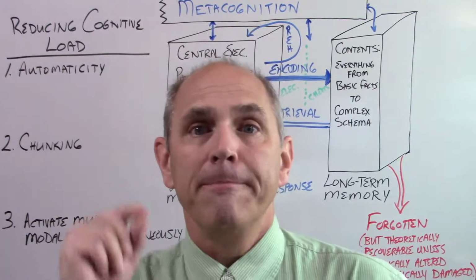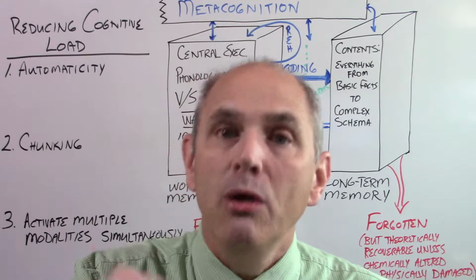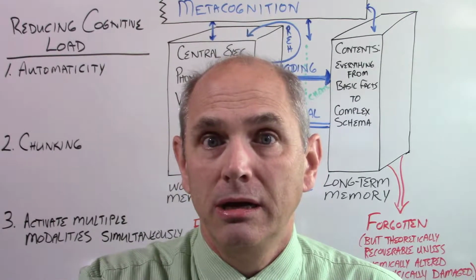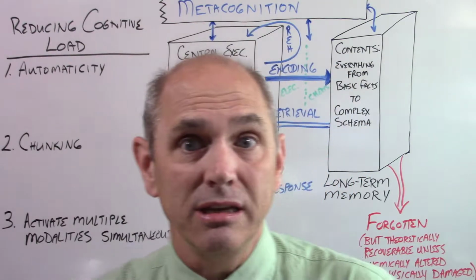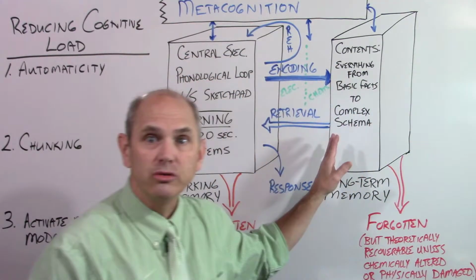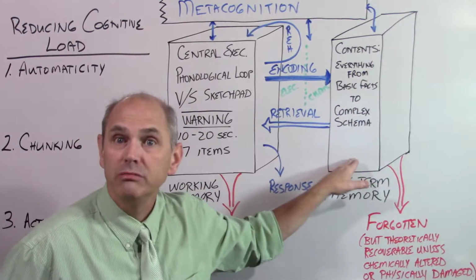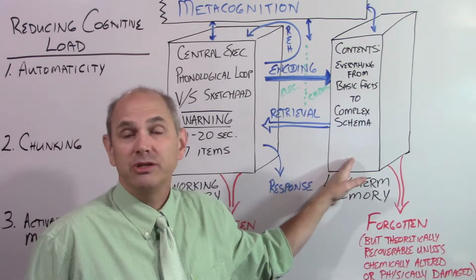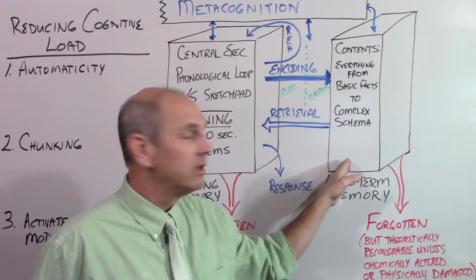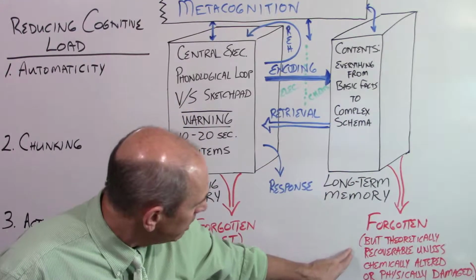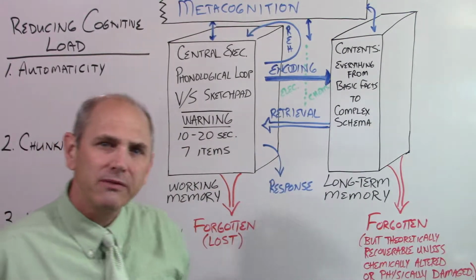That is possibly chemically interfering with memory. So there's another good reason not to do it. And then there's also, of course, the brain injury idea, where people who have injured brains may lose some of their memory, and they may lose it forever. A bad concussion can knock out long-term memory. So that's why we say that it is forgotten, but not necessarily forever.